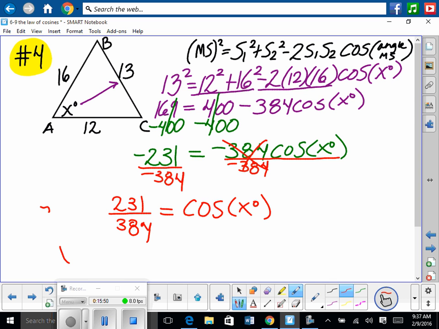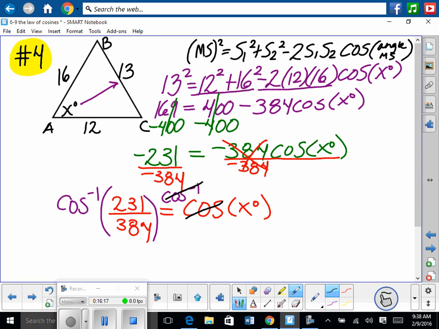Now looking at it, how is x connected to cosine? Isn't it entrapped inside of cosine? The only way to undo cosine at this point to get x alone is to take the inverse cosine. So we're taking cosine inverse of both sides of the equation. On the left, you have cosine inverse of that, and on the right, cosine inverse and cosine cancel out. They're inverses of each other, leaving me with x.